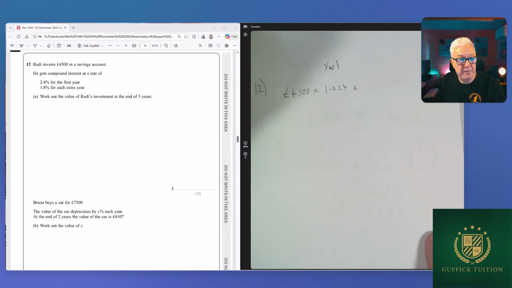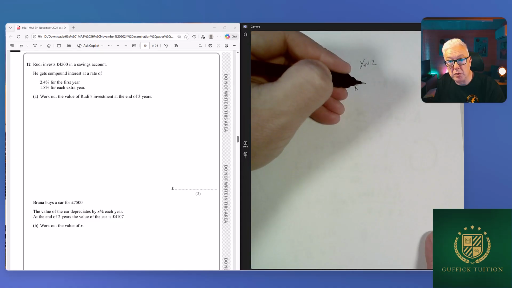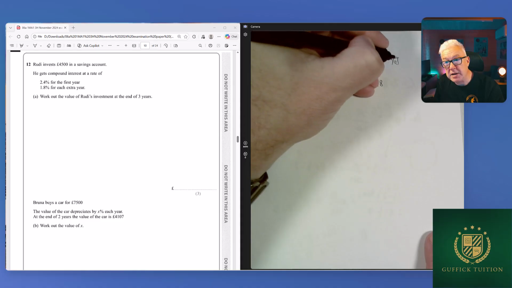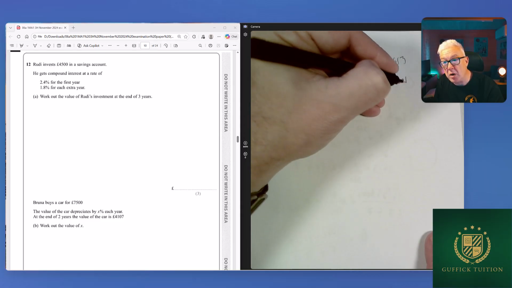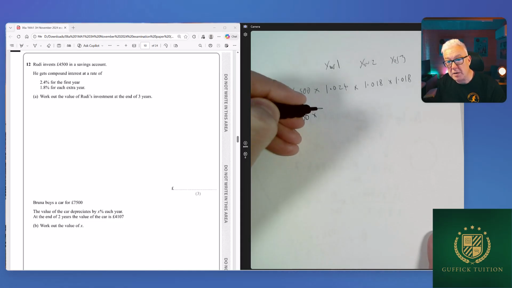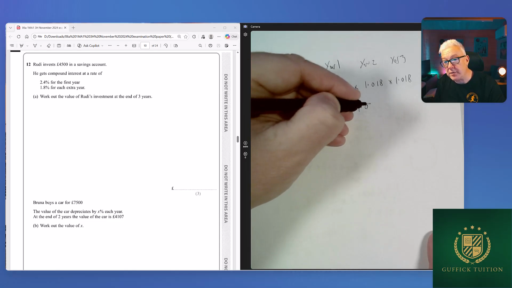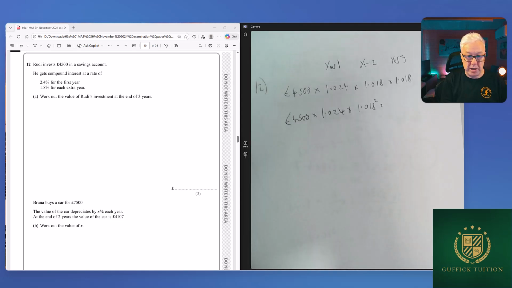And then year 2 is going to be multiplied by 1.018, and in year 3 it gets multiplied by 1.018 as well. So you could say that that's the same as 4,500 times 1.024 times 1.018 squared. Okay, so that's the calculation.